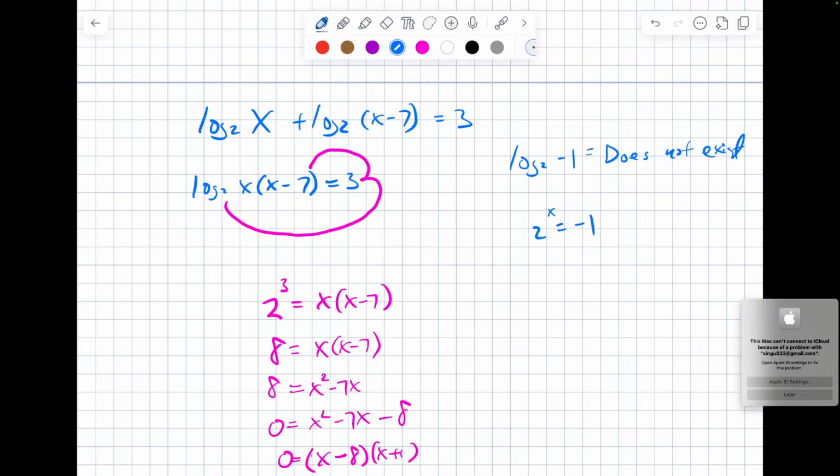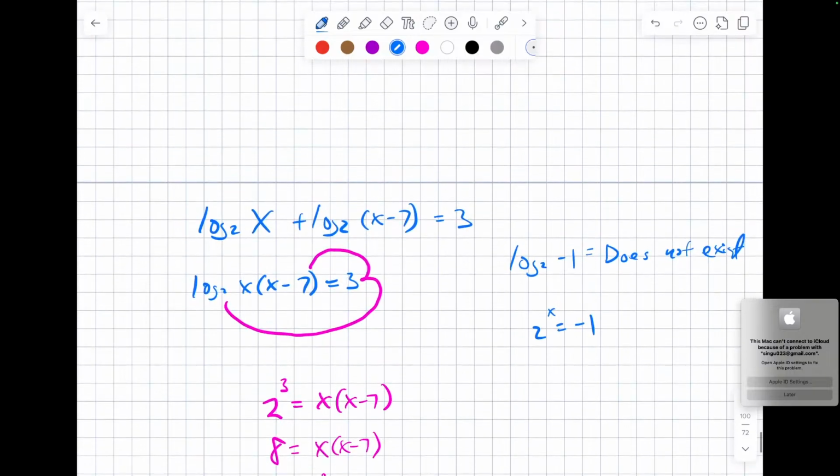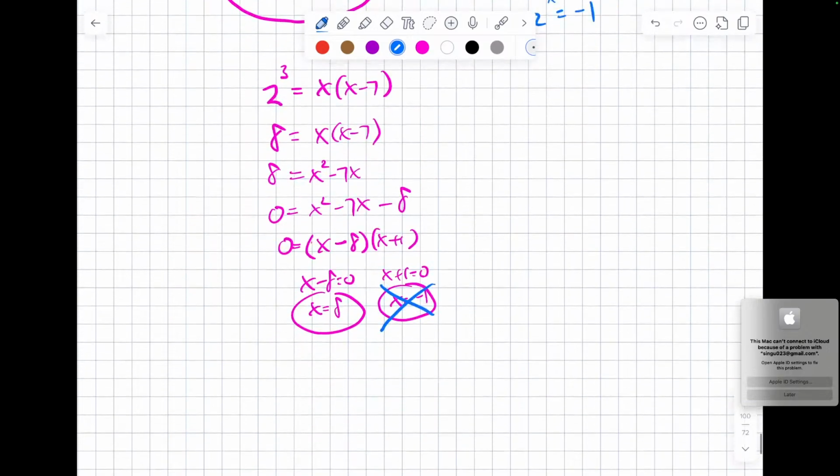It doesn't matter which power, it does not give you a negative number. 2 to the negative 1 power gives you 1/2. 2 to the negative 2 power gives you 1/4, but it never gives you a negative number, because we know the 2 to the x graph is like this. It's never negative. So the log of a negative number does not exist. So this is the only answer that makes sense.